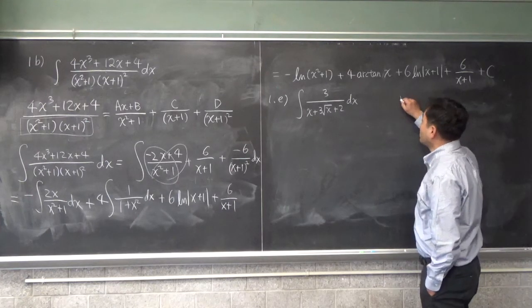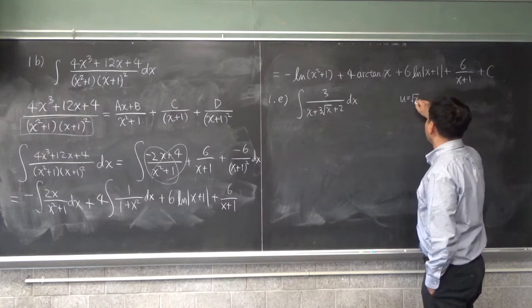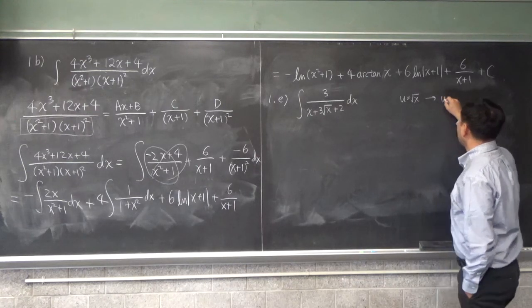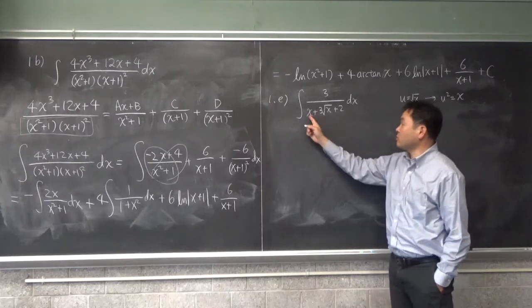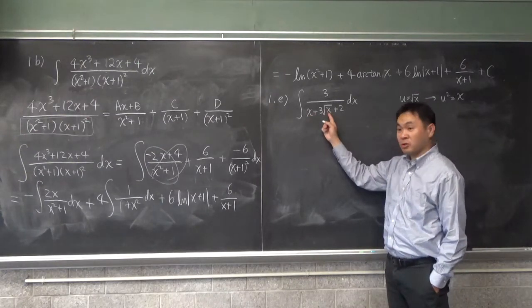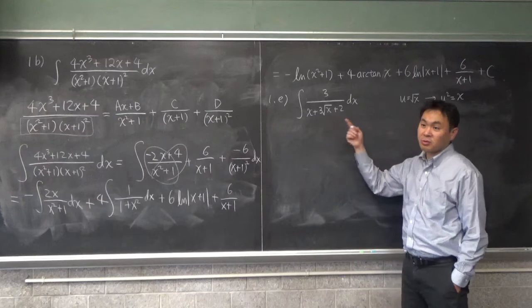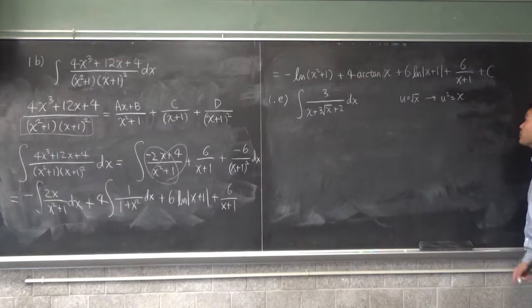You want to say u is equal to square root of x, so that u squared is x, and that allows you to replace this x by u squared and this by u, which looks a lot better, right?